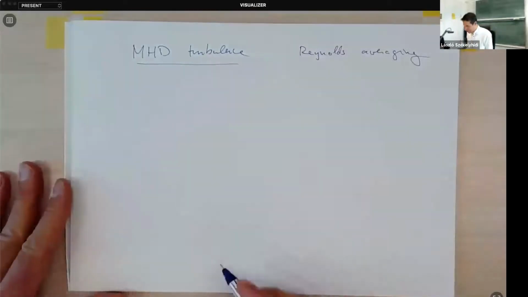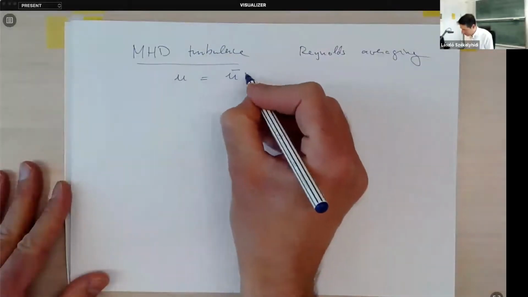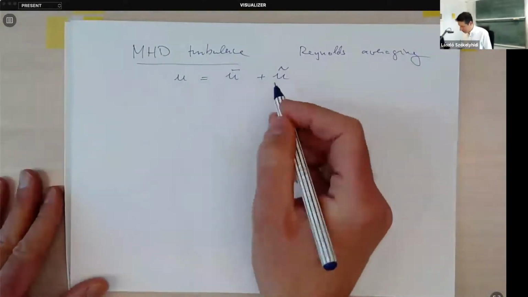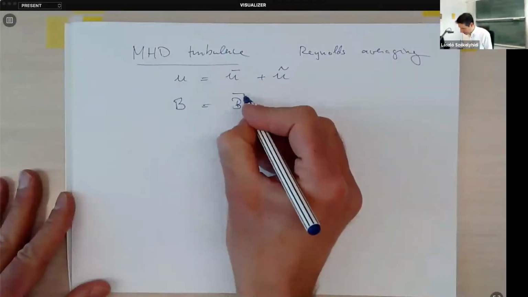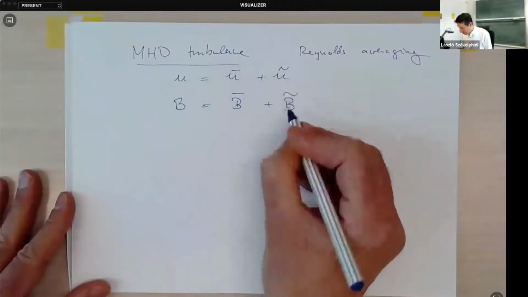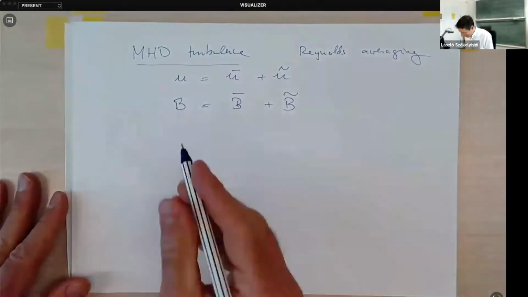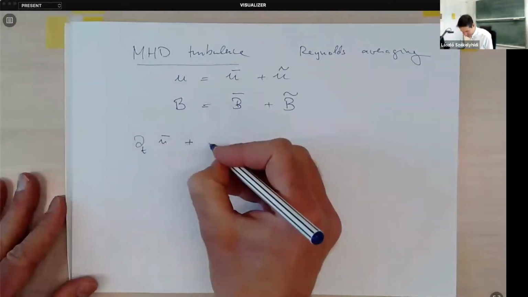And so what this means is that essentially you have a kind of hypothetical decomposition of the velocity into a mean and a fluctuation, the same decomposition for the magnetic field, and then you apply bar to the equations, and you get, as in the case of Navier-Stokes, something like this.